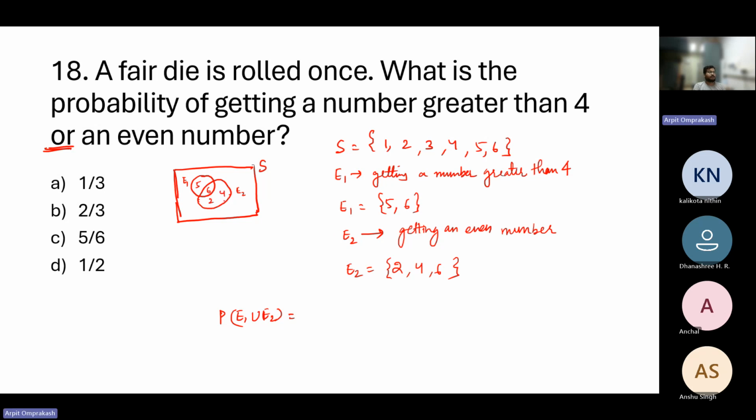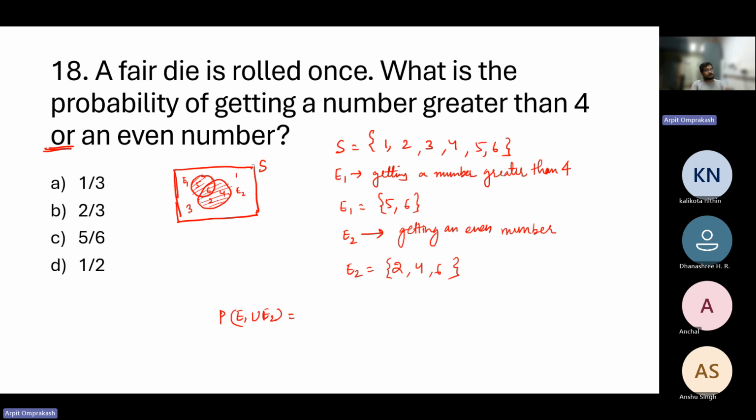So we have 2, 4 here, and we have 1 and 3 outside somewhere, right? So E1 is basically that small circle, E2 is basically that large circle that we see. And so E1 union E2 is basically this shaded region. If it's easier for you, you can just create Venn diagrams like this and make the calculation.